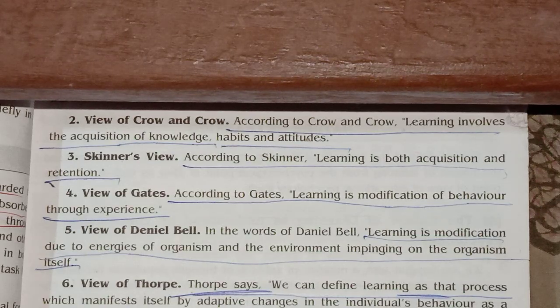He said that it is the modification in the organism and the environment impinging on the organism itself. Both modification of the organism and modification of the environment make the learning process active. That is the view of Daniel Bell.